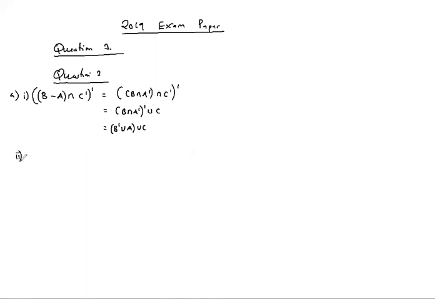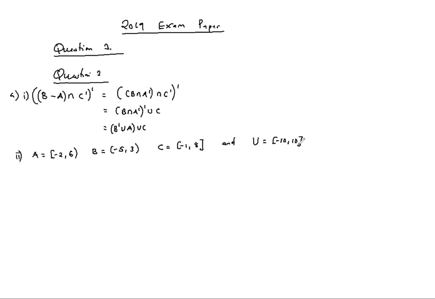2, given that set A is equal to (-2, 6), B is equal to (-5, 3), C is equal to (-1, 8), and the universal set is equal to (-10, 10).